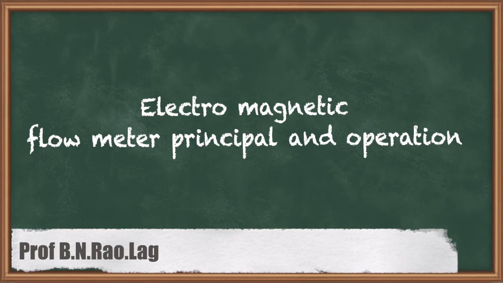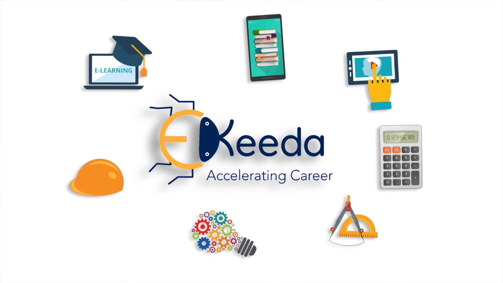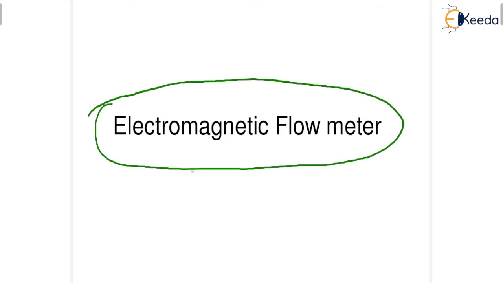Today's topic is the electromagnetic flow meter, which is a very important device for the measurement of flow, my dear students. I told you that these flow meters utilize the principle of electromagnetic induction.